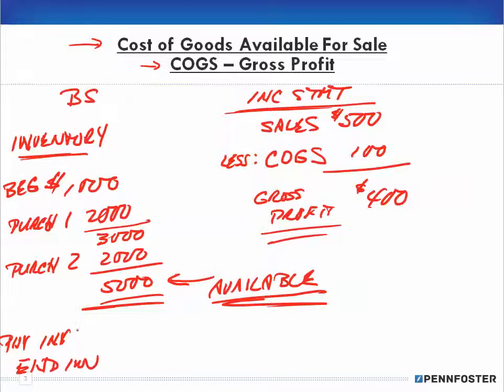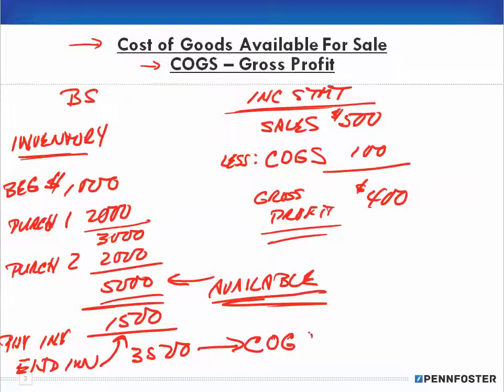So when I do that physical inventory, let's say I have $1,500 on my shelf. That means that's my ending inventory, that $1,500. But that means I sold $3,500 worth of stuff during that period of time. That is my cost of goods sold.